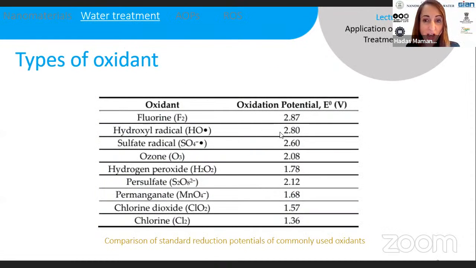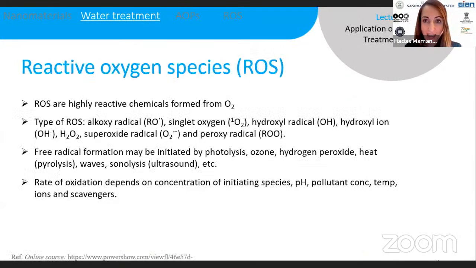Looking at the type of different oxidants, we can see that the hydroxyl radical has one of the highest oxidation potentials, which shows its potential in oxidizing organic contaminants. Reactive oxygen species in general are any type of ROS, which includes alkoxy radicals, singlet oxygen, hydroxyl radicals, hydroxide ion, hydrogen peroxide, superoxide radical, and peroxy radical.